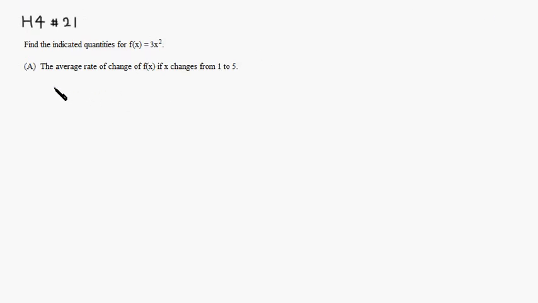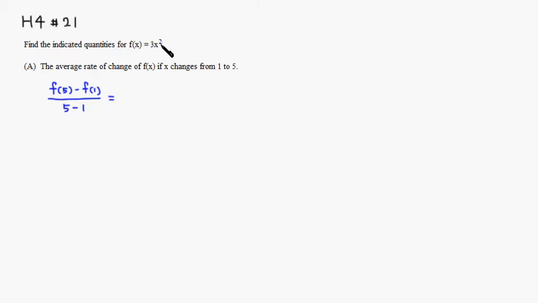Alright, so average rate of change from 1 to 5, so we need to compute f of 5 minus f of 1 over 5 minus 1. So we need to plug in 5 for x, so you have 3 times 5 squared.